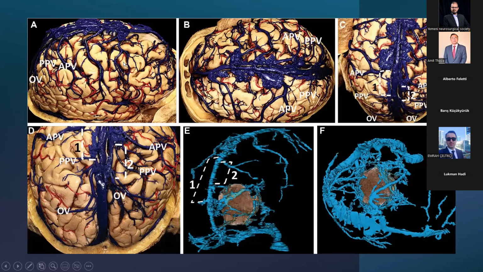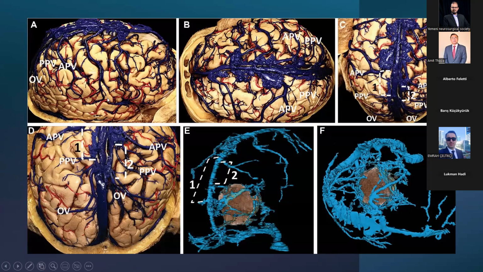Especially the anterior parietal vein and posterior parietal vein are important veins. They are important because they most of the time form anastomoses with veins on the lateral part of the brain, like the vein of Trolard, or the Sylvian vein anastomosis.